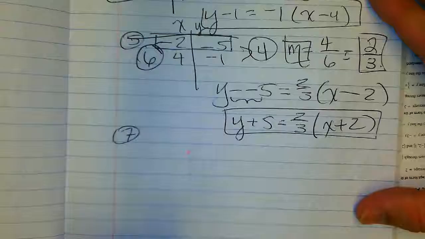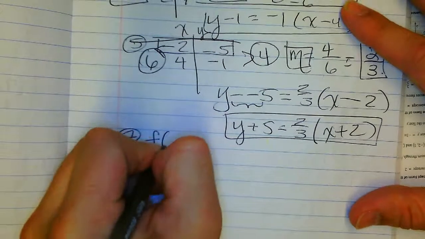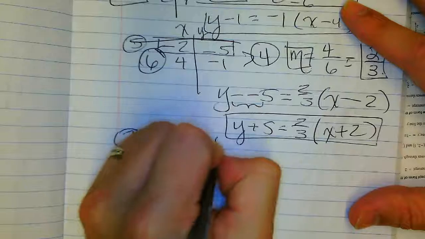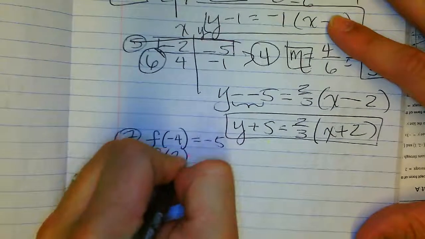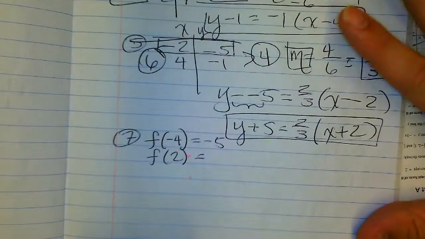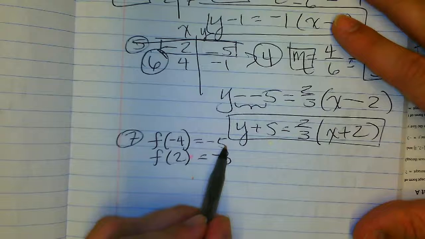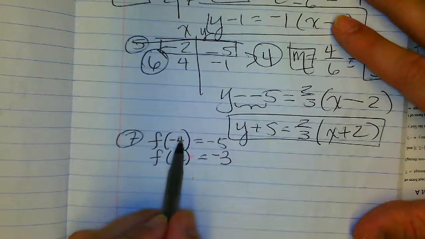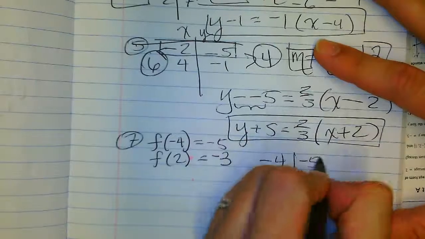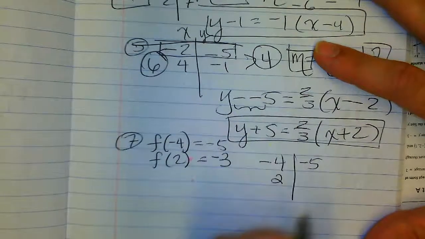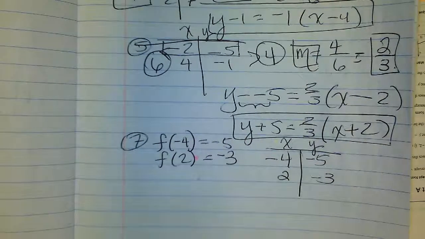Let's look at number 7. Number 7, so they tell us that f of -4 is -5. They also tell us that f of 2 is -3. Okay, here are my points. So we got -4 and -5. We've got 2 and -3. All right, so here is your x.